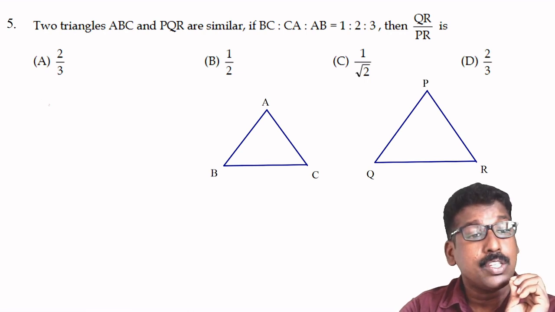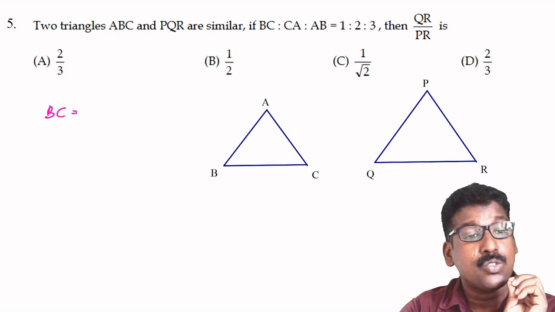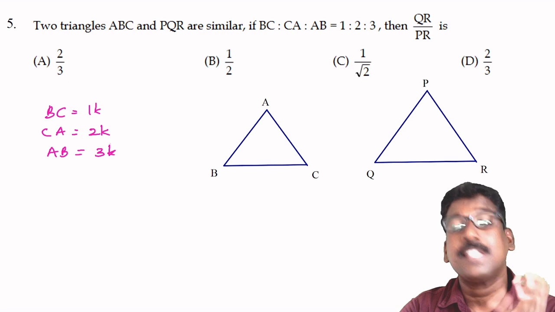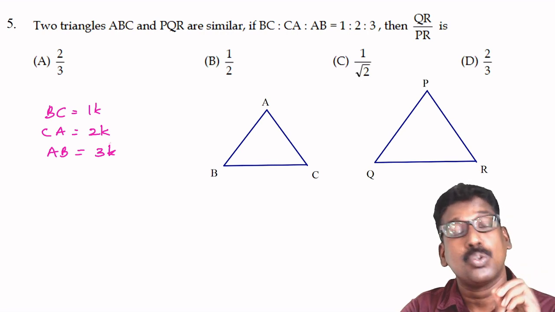So in this case you can take it in terms of k. BC is 1k, CA is equal to 2k, and AB you can take as 3k, because BC is to CA is to AB is equal to 1 is to 2 is to 3.